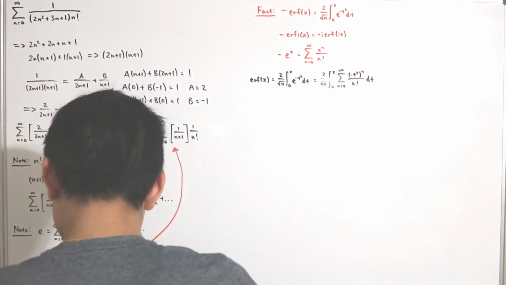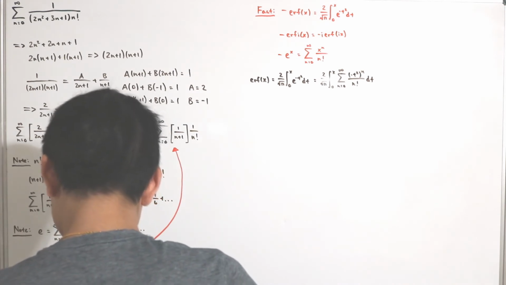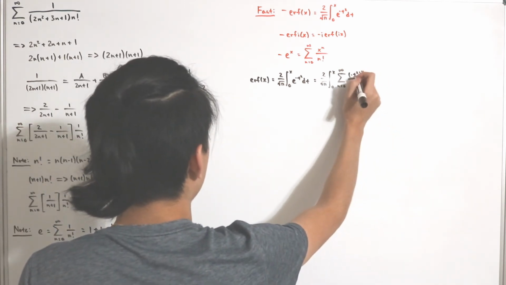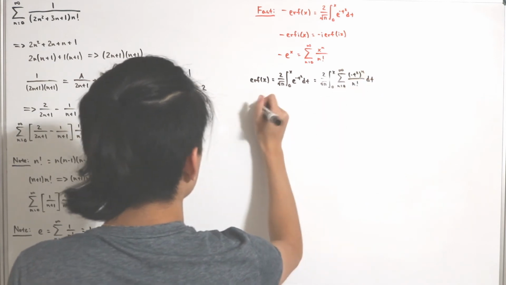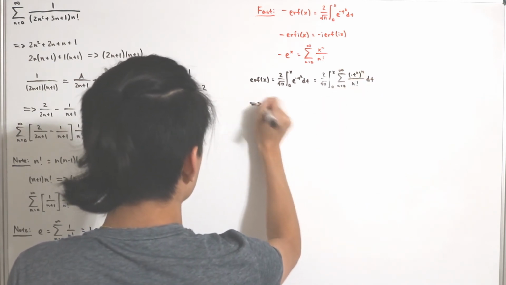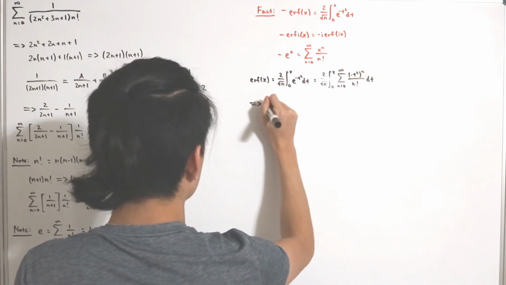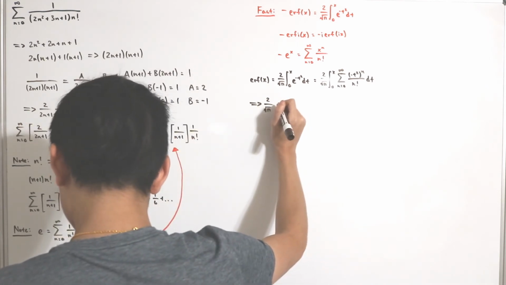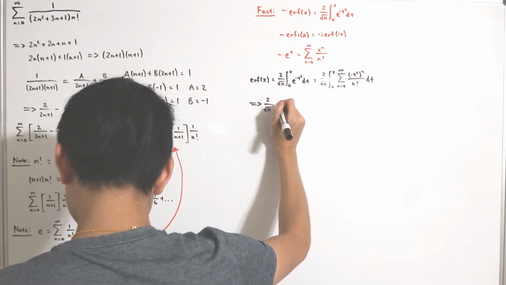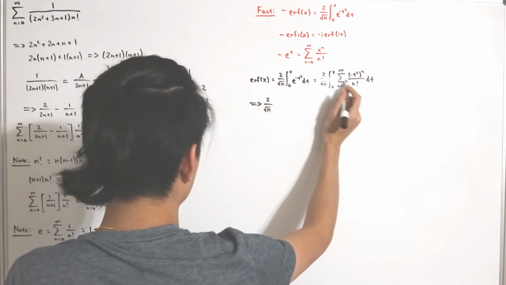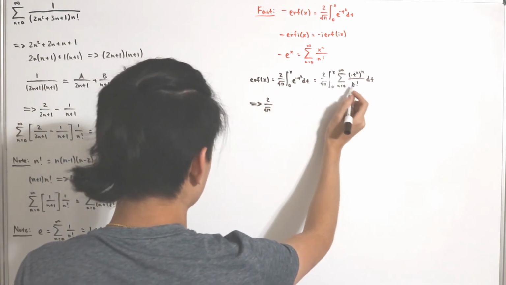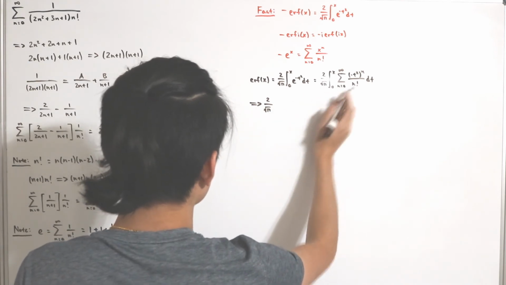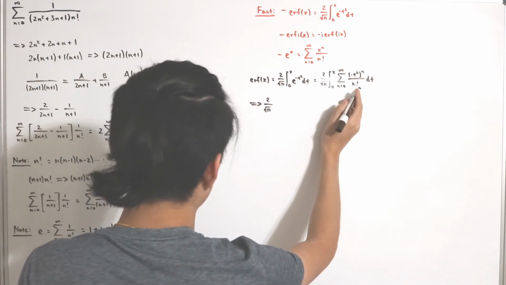Okay, and now let's distribute the power n into here. Let me rewrite this again. Using our rules of series, I can move the constants outside the integral itself, even including the n factorial.